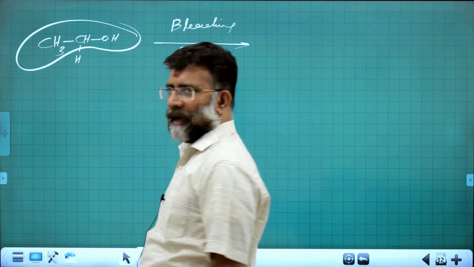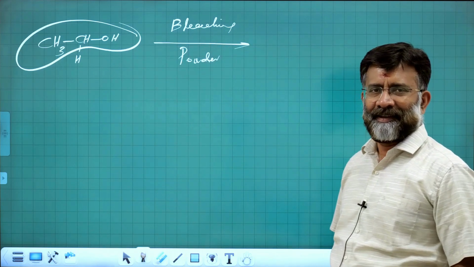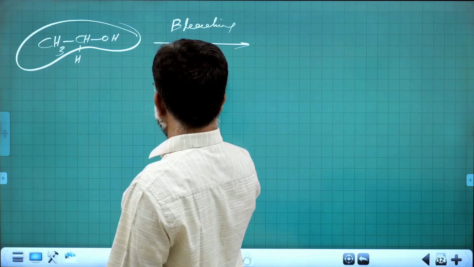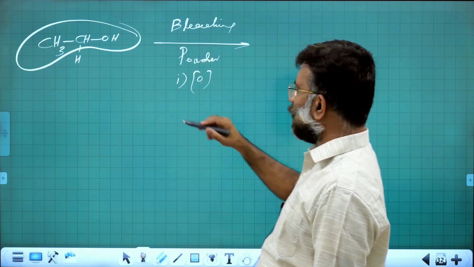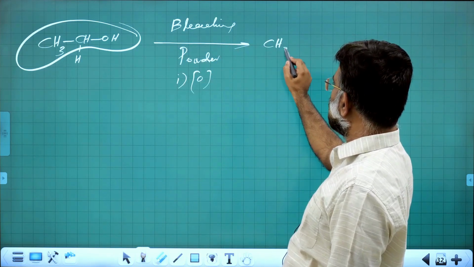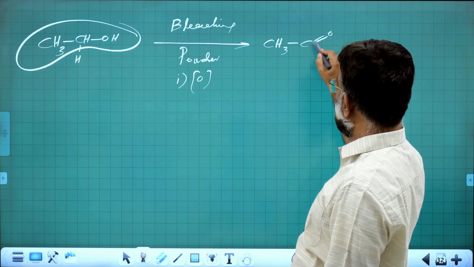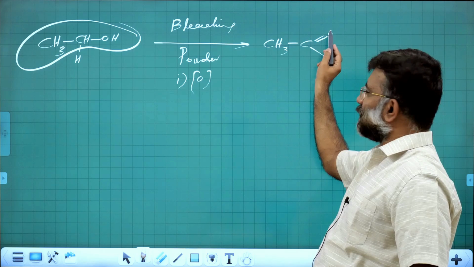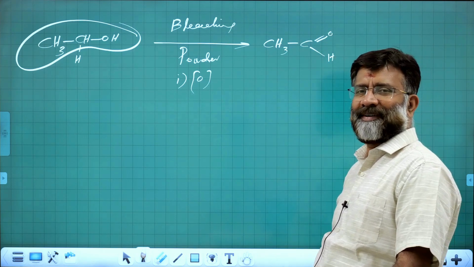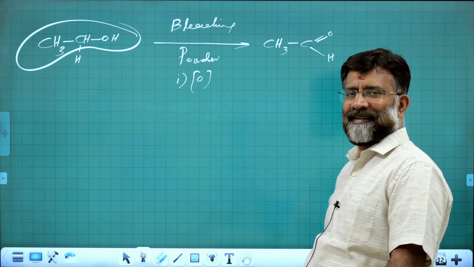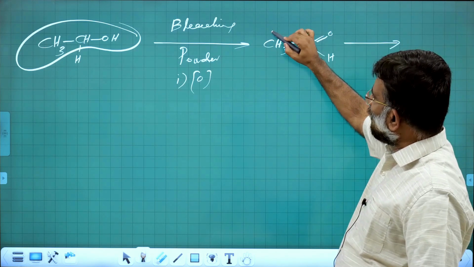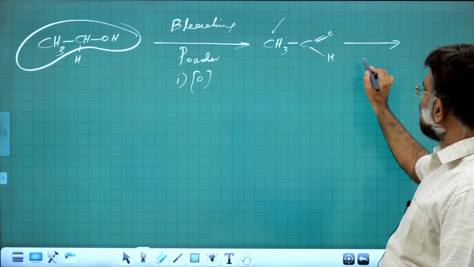Bleaching powder acts as a good oxidizing agent, and step one of the process is oxidation. Ethanol is oxidized to ethanal. And don't you see CH3CO? There is a methyl keto group. And that bleaching powder is able to give a chlorination reaction.